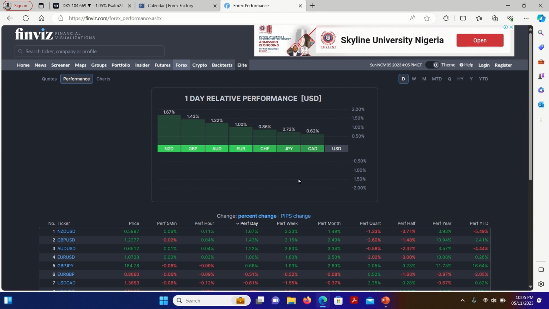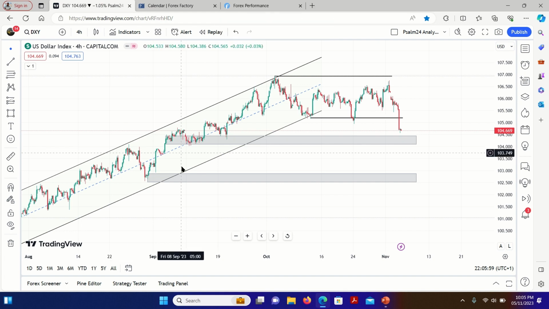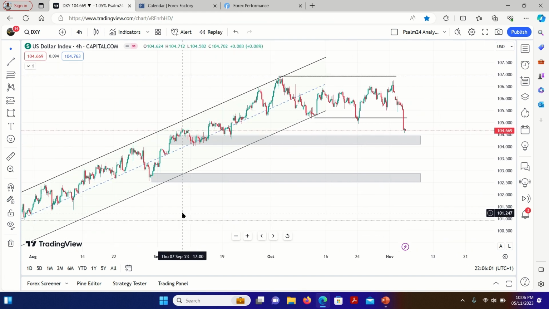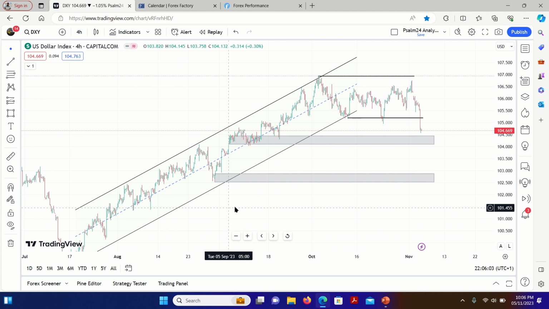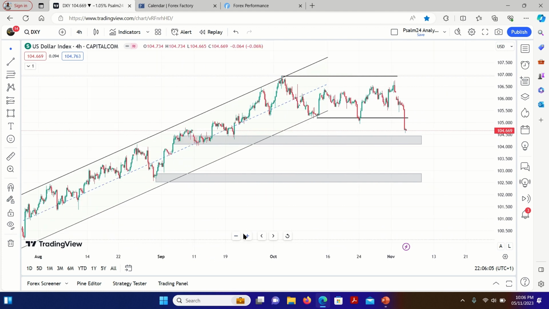All right, so the next thing to do is to check the DXY. Why are we looking at DXY? What is DXY in the first place? DXY simply means dollar index.